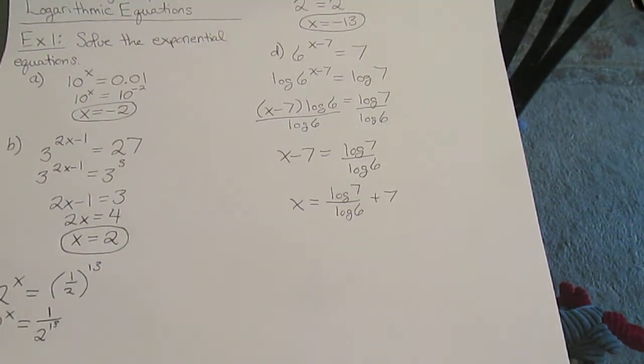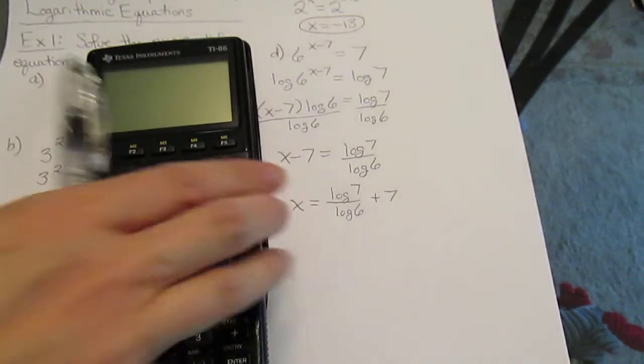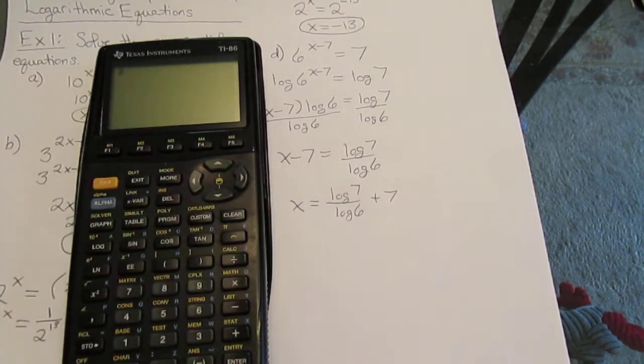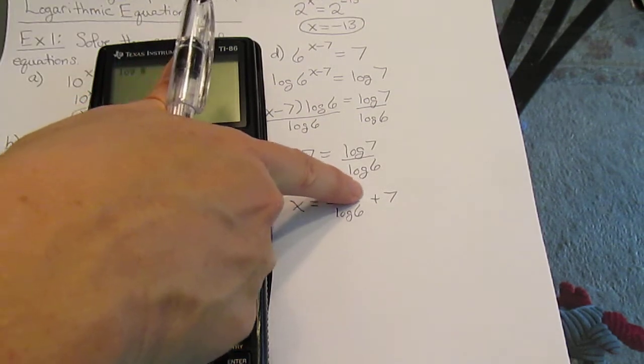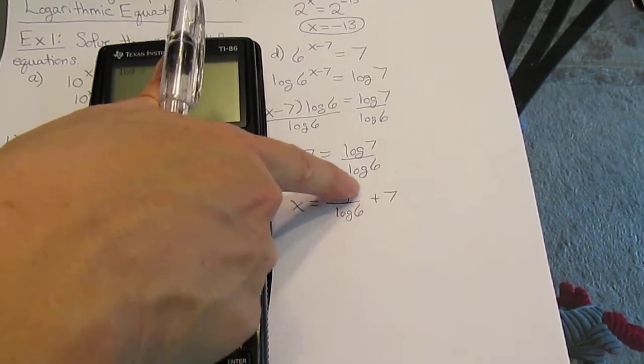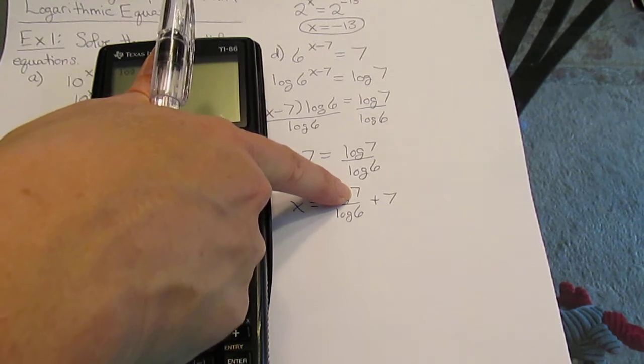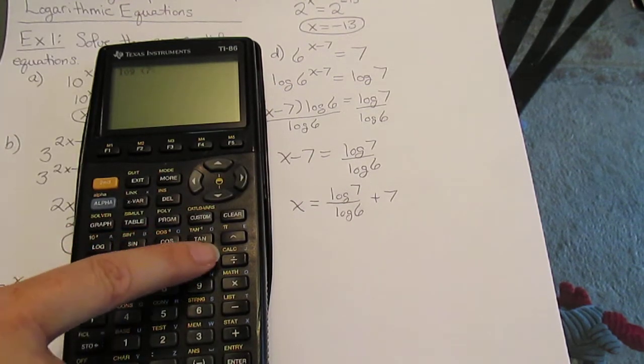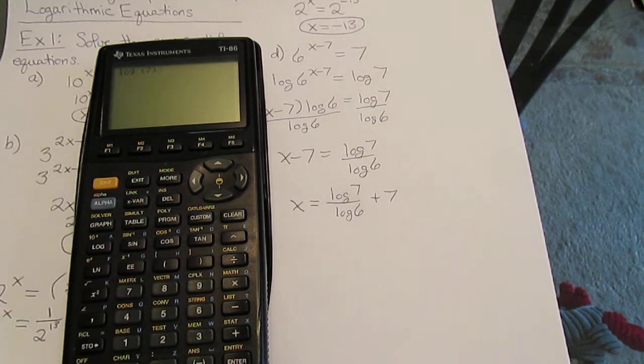Okay, and then we'll just put it into our calculator and find our answer. Okay, so you're just going to put it in the way you see it. We're going to press in log. I like to use parentheses to make sure I know that it's taking the log of only what I want it to be taking the log of. So I'm going to put parentheses, 7, parentheses. Sometimes some of your calculators will already start to give you the parentheses.